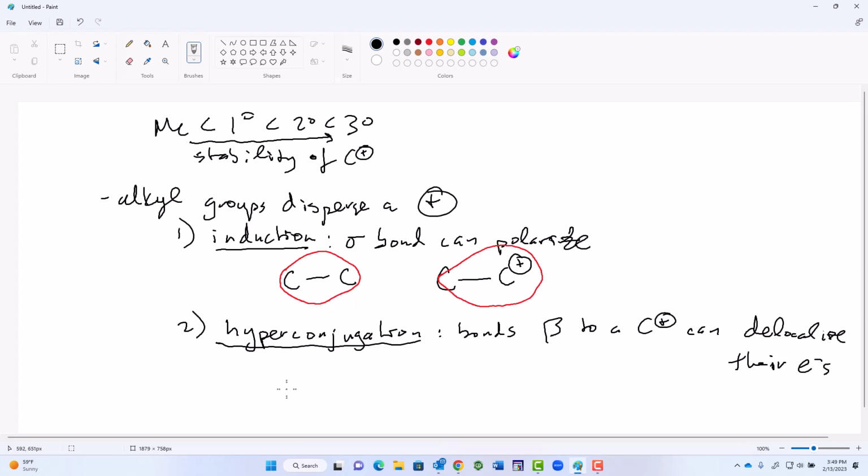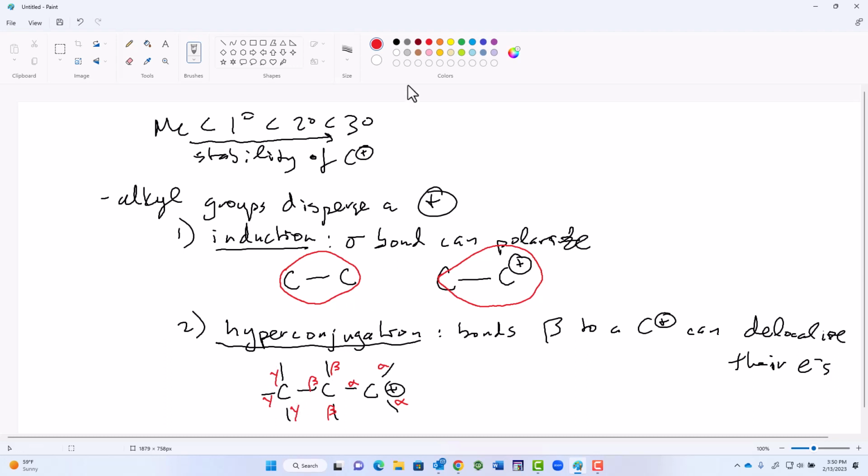If we're looking at various carbons or a carbon chain, say we have a positive charge here, and I'll draw in just a couple more bonds. We would say the bonds directly connected to the carbocation are the alpha bonds. So these would be alpha. We would say these are beta. And then one more out would be gamma. And you could imagine this going as far as you want.